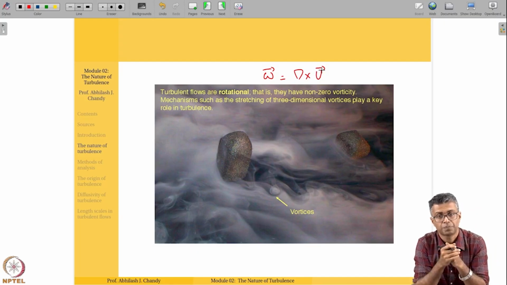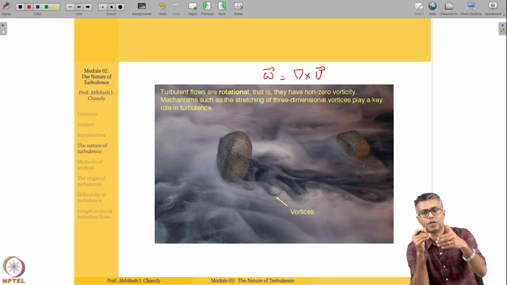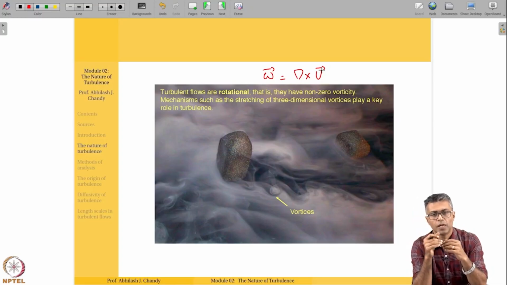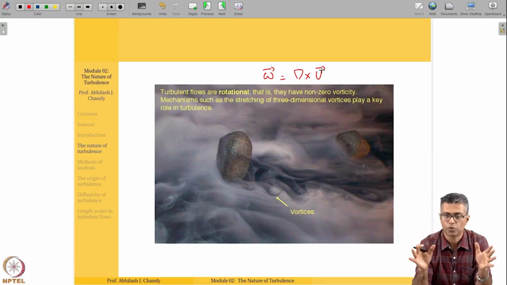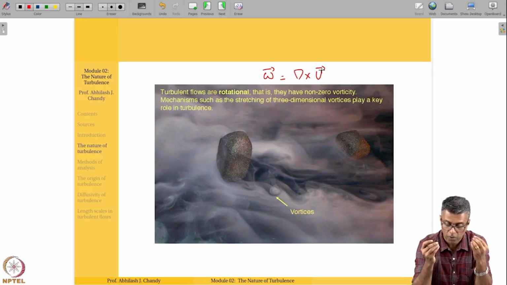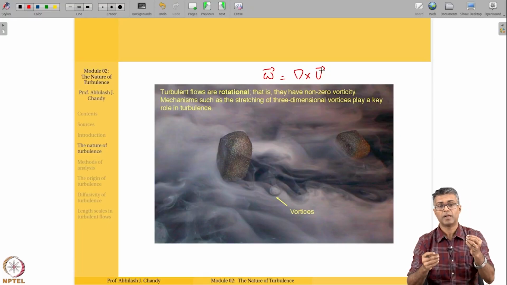That's the definition. So you can actually get three different components for omega: omega i, omega j, and omega k. So we know that turbulent flows are rotational, as in vorticity is non-zero. And this is something that I had mentioned earlier as well.